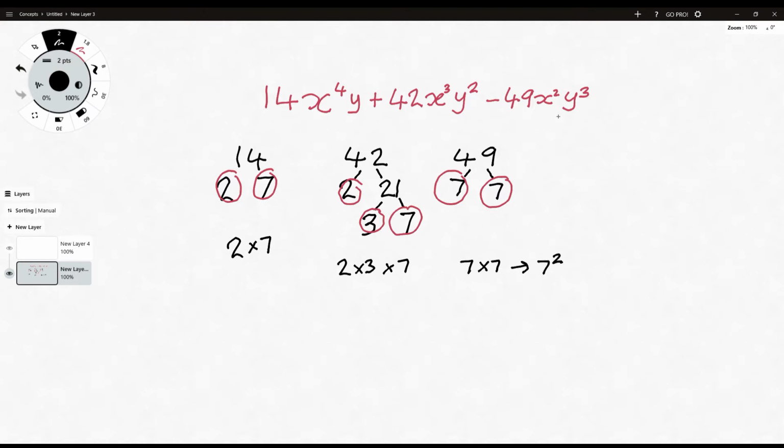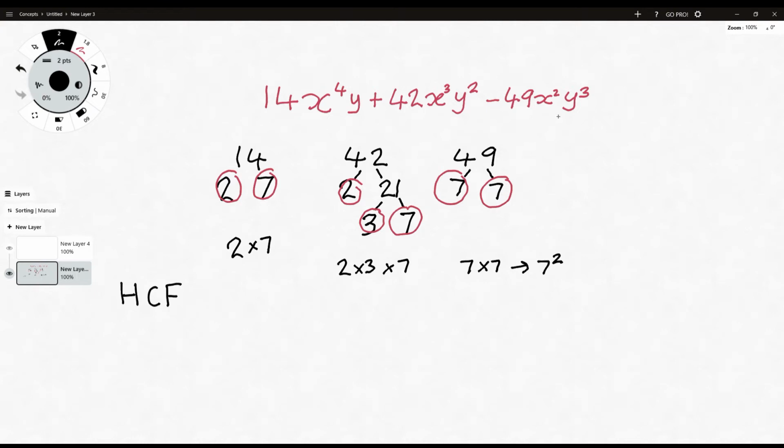You can write it individually like this, or if you've got more than one instance of the number, in this case 2 7s, you can write it with its index. Now the question says to find the HCF, so let's just finish this problem off.